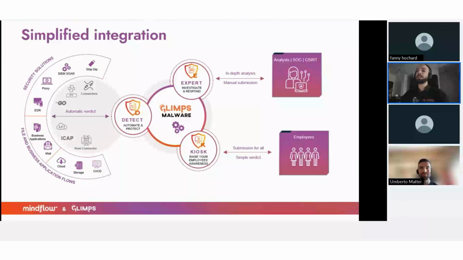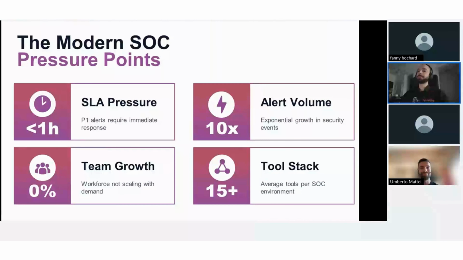It can be analysts, SOC operators, CSIRT members, and your broader organization too: customers, employees, partners, through the kiosk. So this is integration, as we say, done right: automatic where possible, accessible when needed.